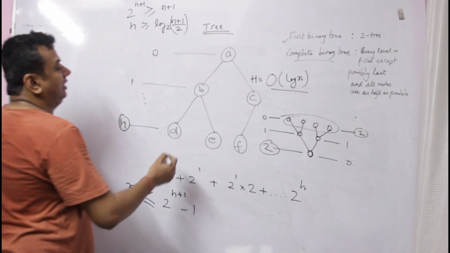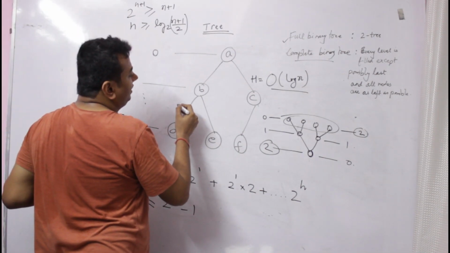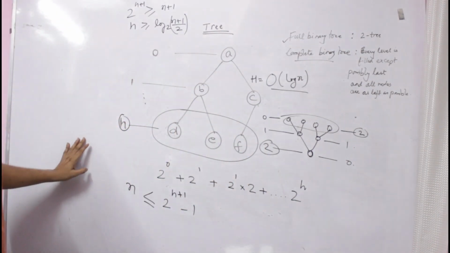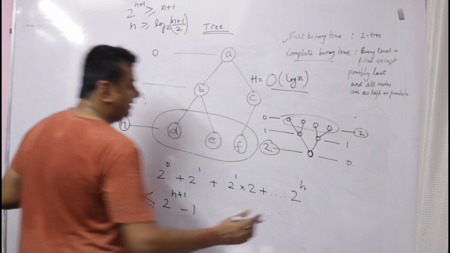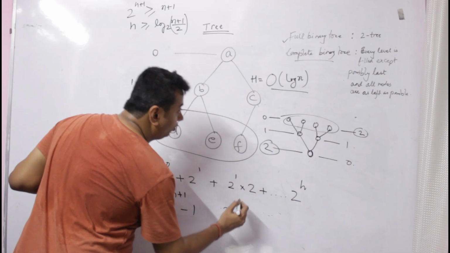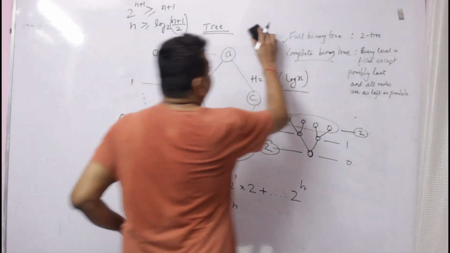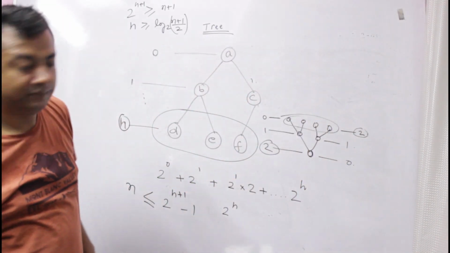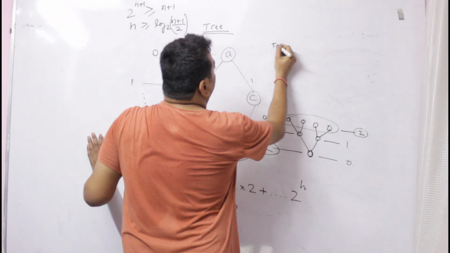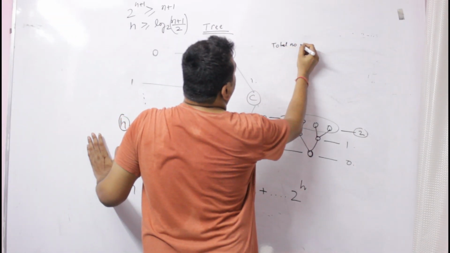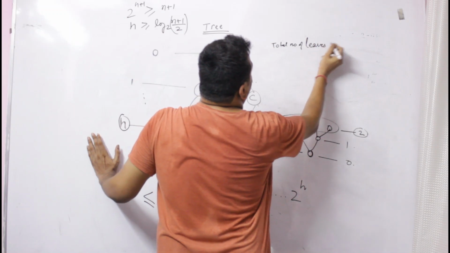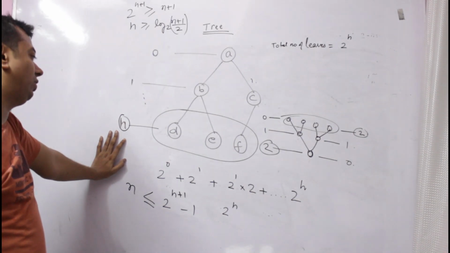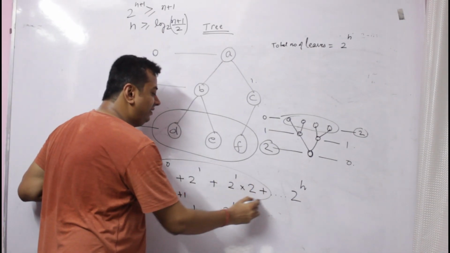Now what is the total number of nodes in the leaf? In the leaf, the total number of nodes is 2 raised to power h. Total number of leaves is 2 raised to power h. And what is the total number of elements in the internal nodes?